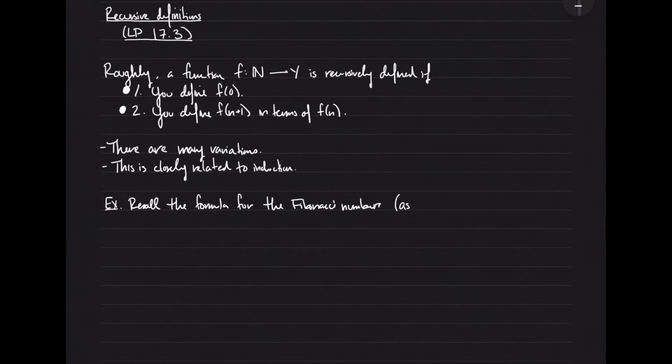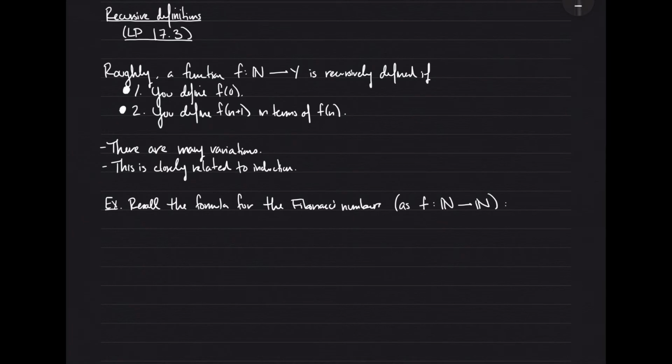We're thinking of the Fibonacci numbers here as a function f from N to N. Okay, so it's a sequence. We normally think of it as a sequence, but a sequence of natural numbers you can think of as a function from N to N, where f of 0 is the first in the sequence, f of 1 is the second, f of 2 is the third, and so on and so forth.